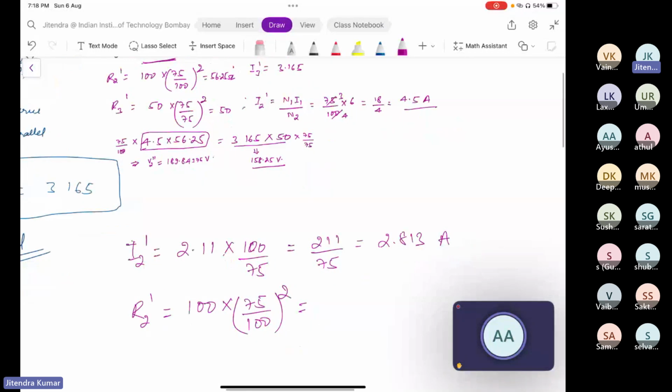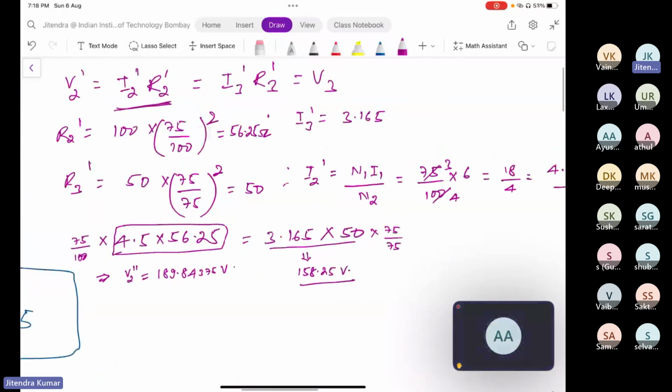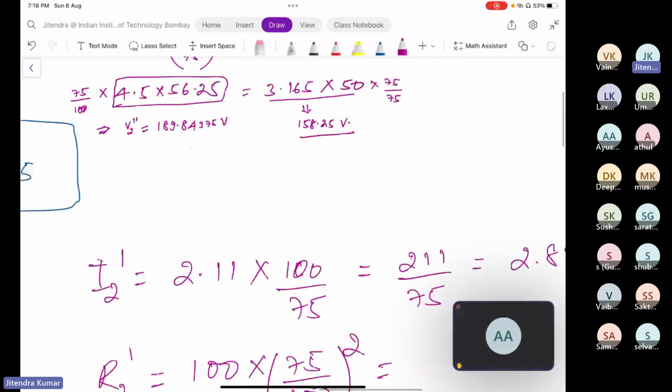How much did it come? Someone told me this 56.25. I don't know.